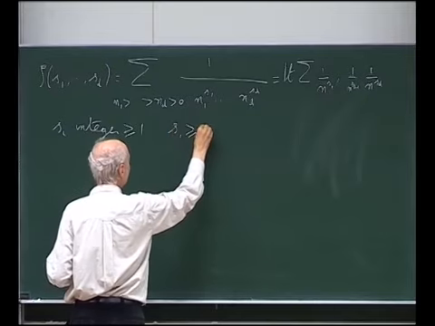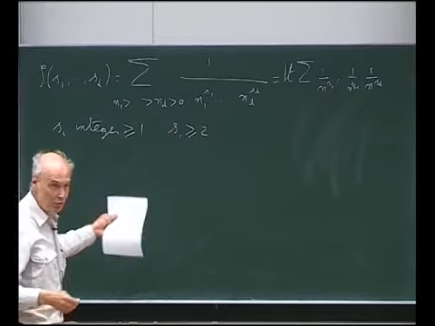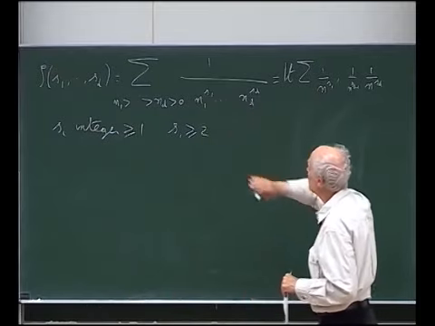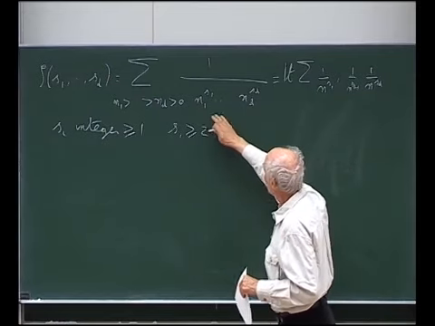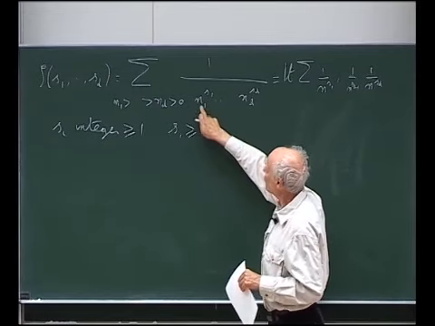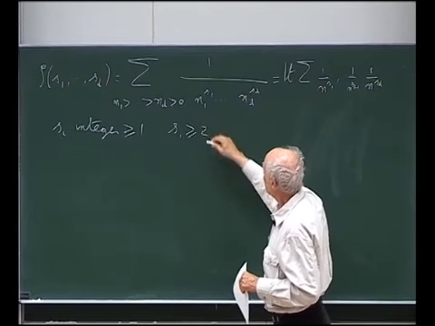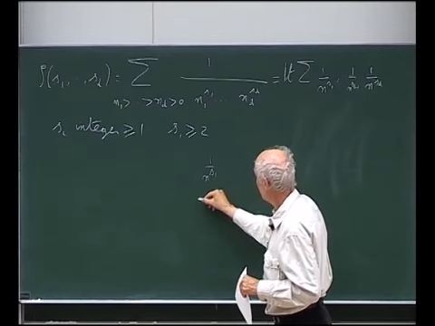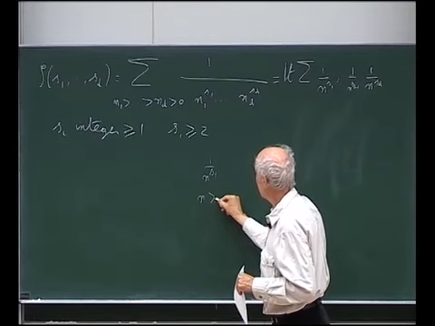Now, I want to take the Si to be integers at least equal to 1, and S1 at least equal to 2 to have convergence. Convergence is easy to see. Suppose you have this sum.